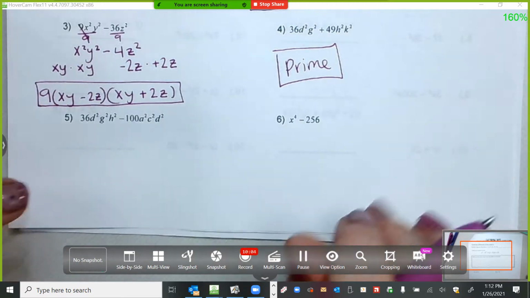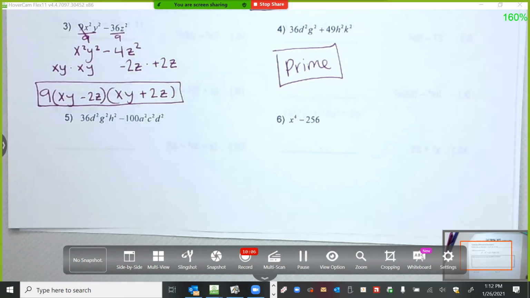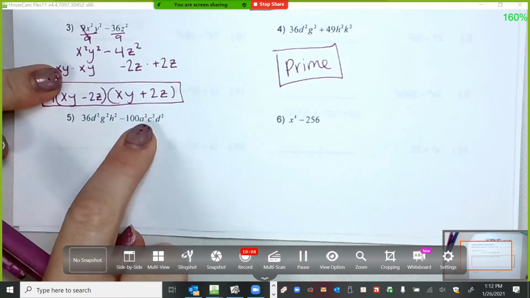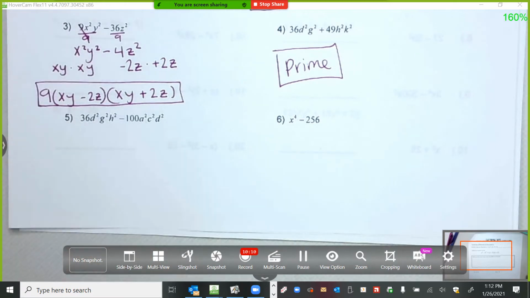Okay, look at number 5. Is it in order? Well, 2, 4, 6, 2, 4, 6, so order doesn't matter. Does it have a GCF? Yes. Okay, well, 36 doesn't go into 100, but they're both even. So I know they have a number GCF. Does 2 go into both of them? Yes.